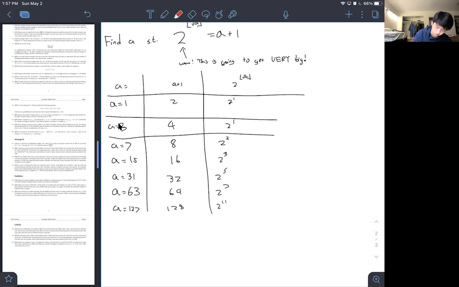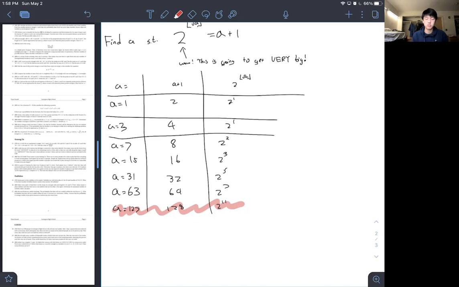And at this one, we can notice that the right-hand side is absolutely massive. That's 2,000, and the 128 is a lot less than 2,000. The right-hand side is only going to ever get bigger. And so at this point, we know that it's not going to work out.